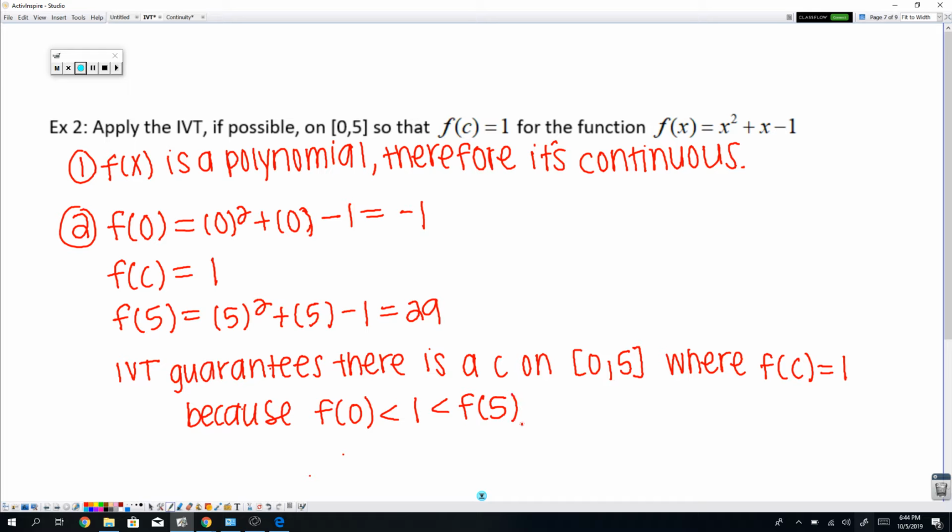Perfect. Okay? And that statement needs to be made if it does guarantee, or if it doesn't, then you need to state why it does not.